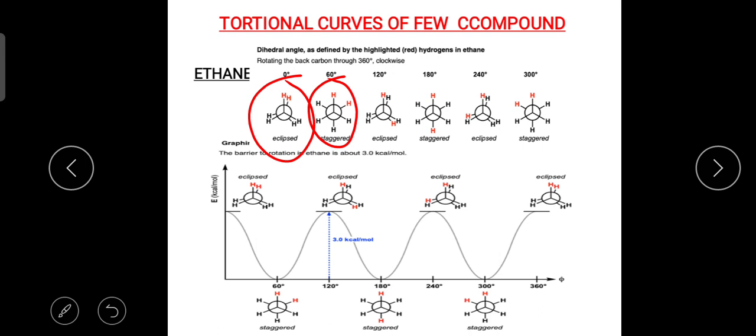Among them, the staggered structures have the lowest energy, so eclipsed structures are less stable than staggered structures. This is the potential energy change by rotation about the carbon-carbon single bond.